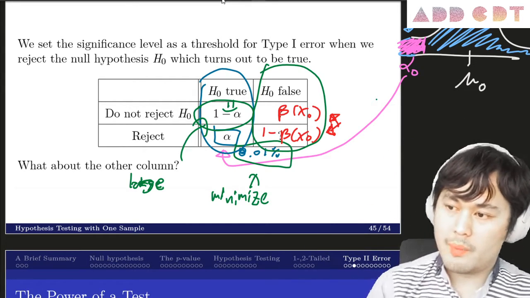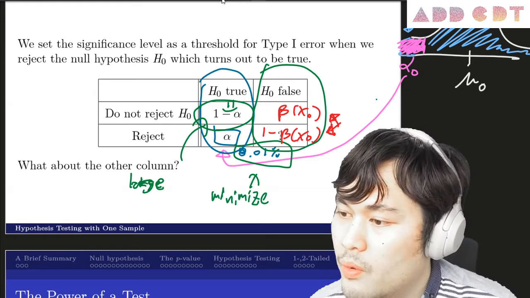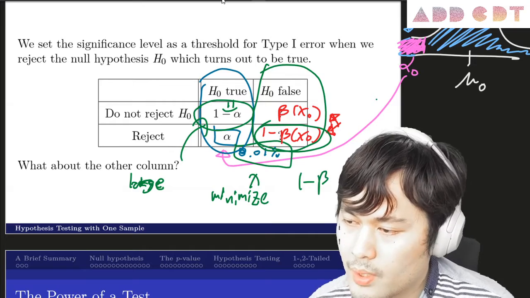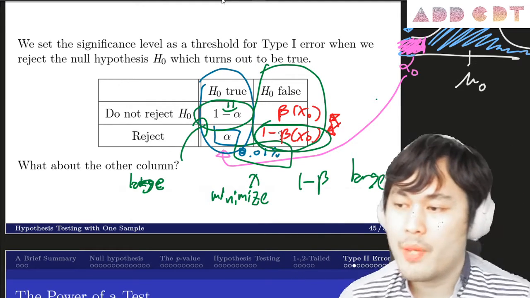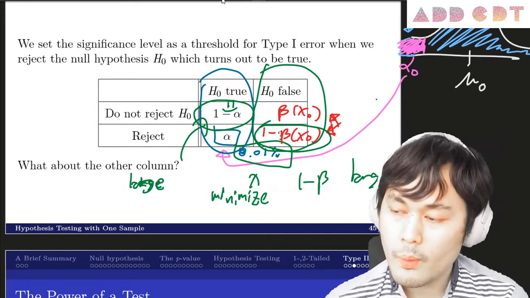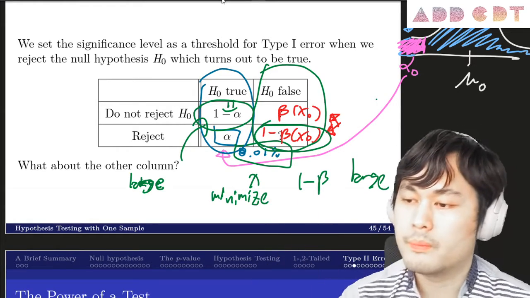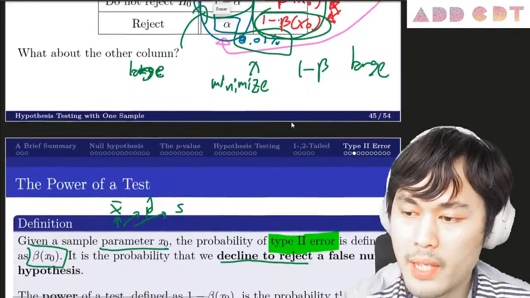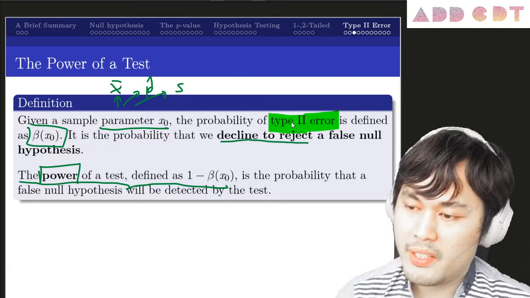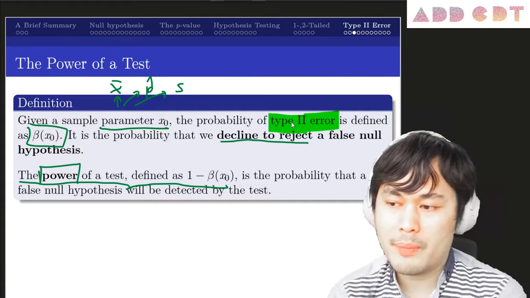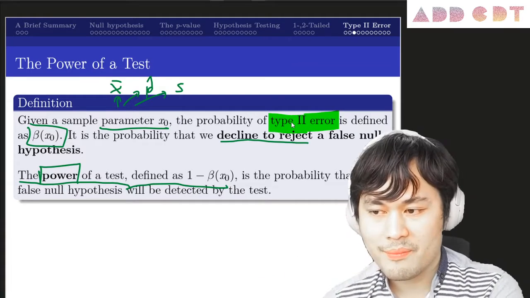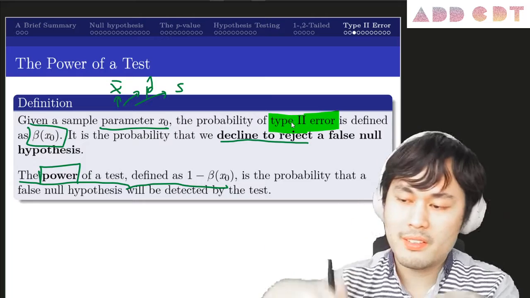And so we want that number to be large. Likewise, we want 1 minus beta to be large, because again this is the part we are happy with. We reject the false hypothesis. So the larger the better. That's why they give it a fancy name, the power of the test. The higher 1 minus beta is, the more power the test has. Kind of makes sense, right? If you think about it.